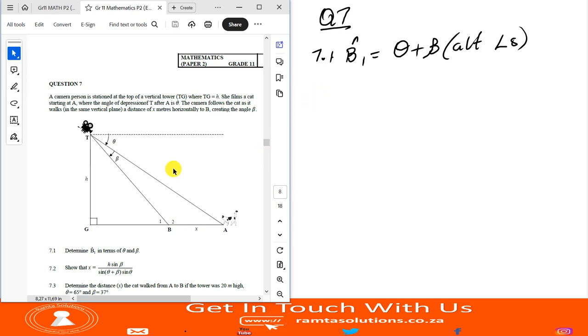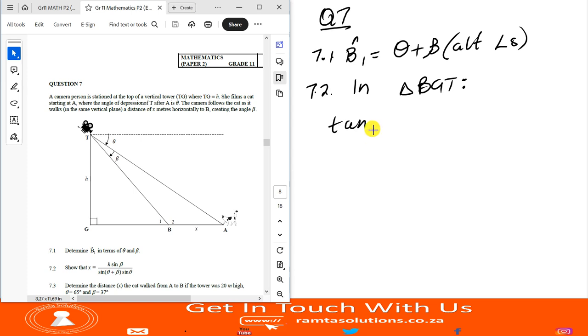So let me say 7.2, how many marks? It must be some marks, yeah, good. In triangle BGT, or GBT, doesn't matter, I see that tan of angle B1, oh, sorry, not beta, it's P. Should I use tan?